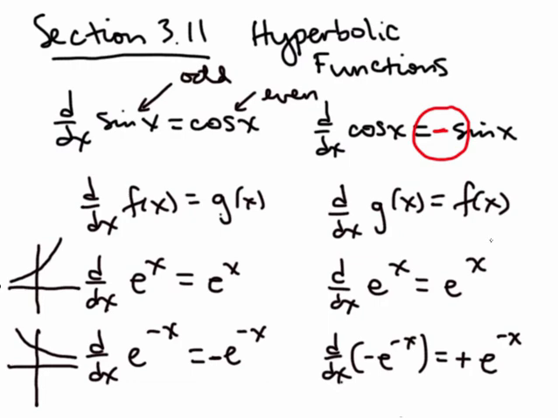So it would be nice if perhaps there was some way to combine these two functions to end up getting something that has some nice symmetry. And it turns out that's possible.